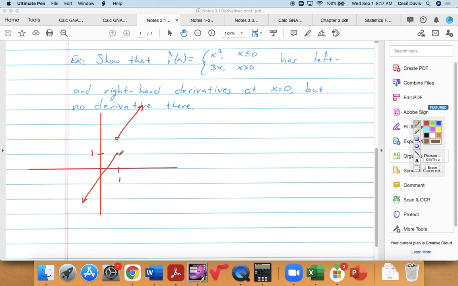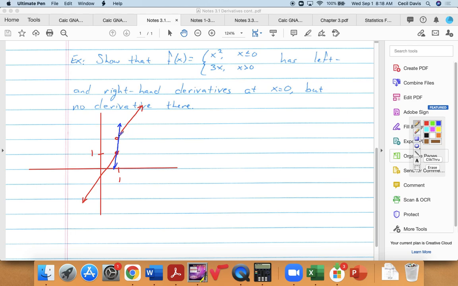Not so fast. Because what's happening is over here, where we're approaching this point, the slopes are whatever the slope of this line is. But on this side, remember, the slope is from f of 1 plus h minus f at 1, which is down here. So the slopes are going to look more like this, right?